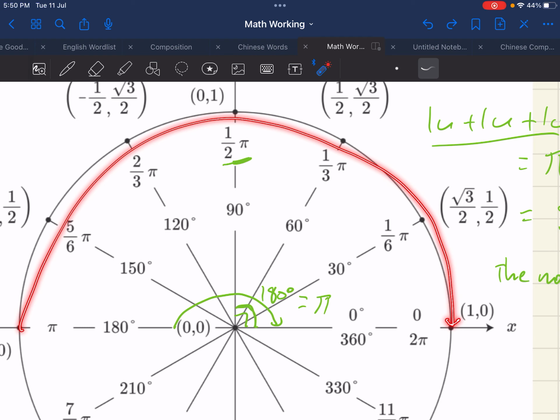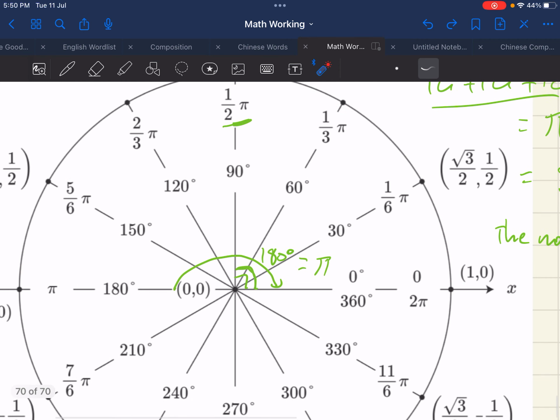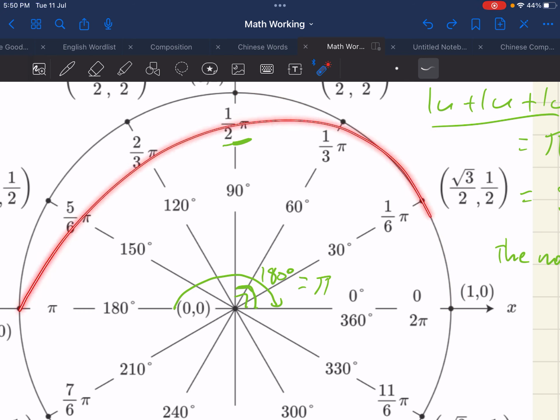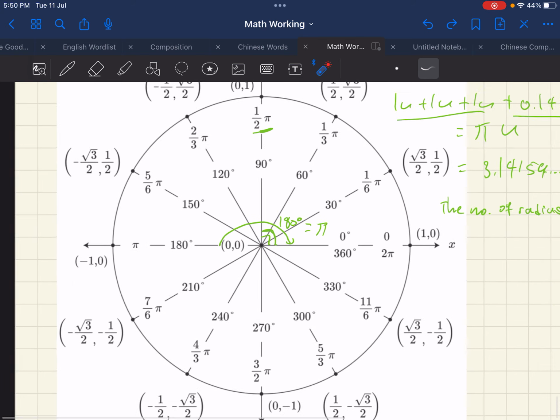To find the length of 90 degrees, which is the length of this, I'll just take pi divided by 2, which equals half pi. Why is it divided by 2? Because if I have this whole thing as pi, I'm cutting it into 2. This will be half a pi. It's very easy to understand.